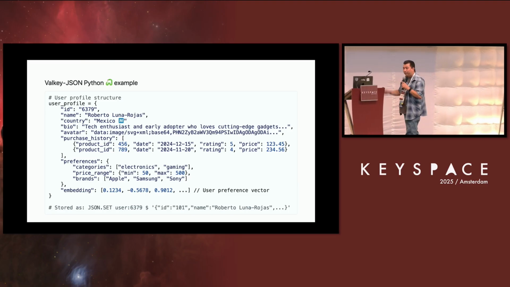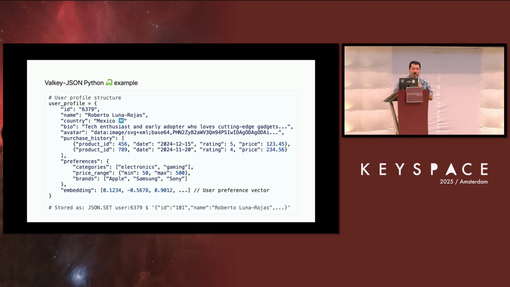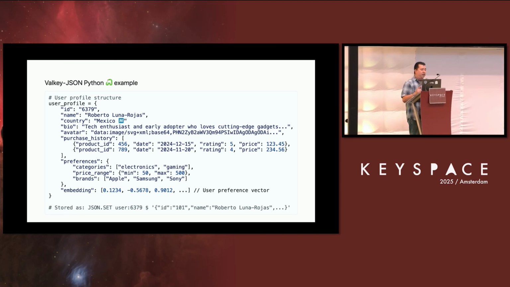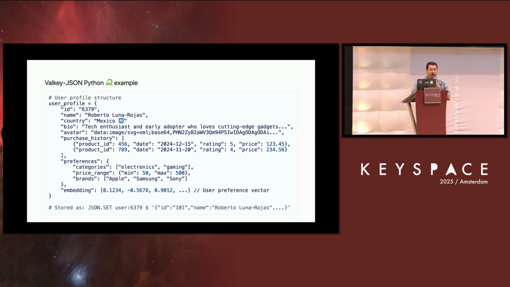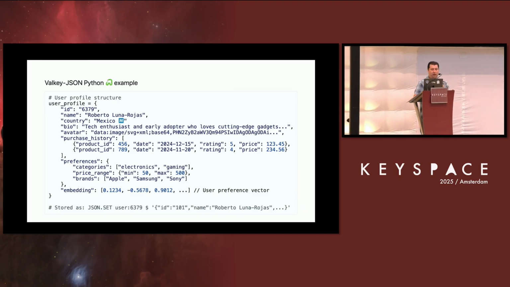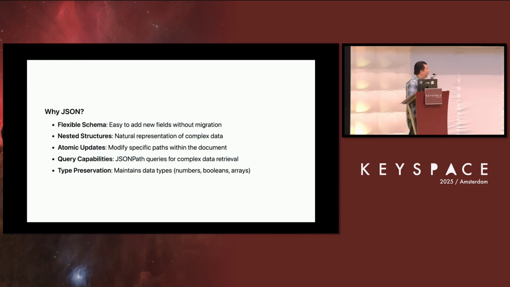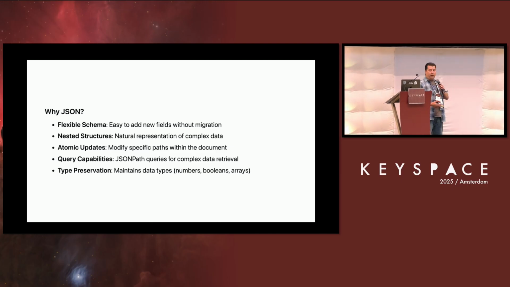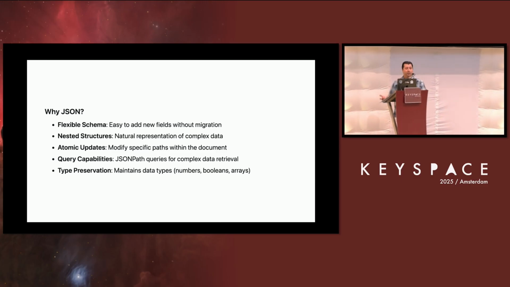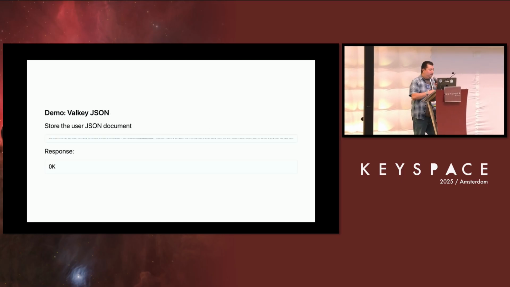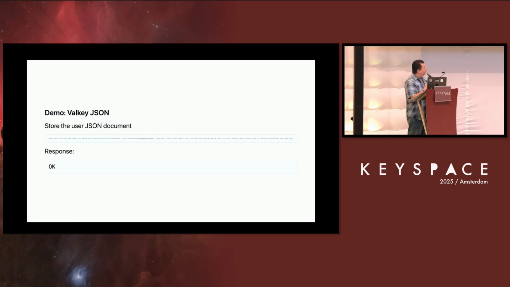And a great way to solve it is by taking advantage of the built-in JSON functionality. So in this case, I have a Python dictionary that I can simply save using the JSON.SET command. Why? It's super flexible. It allows you to do atomic operations and those query capabilities that I mentioned about JSON path. So again, I'm going to go to the console. This is not readable.